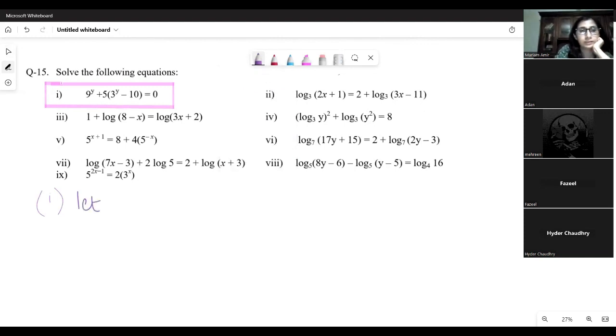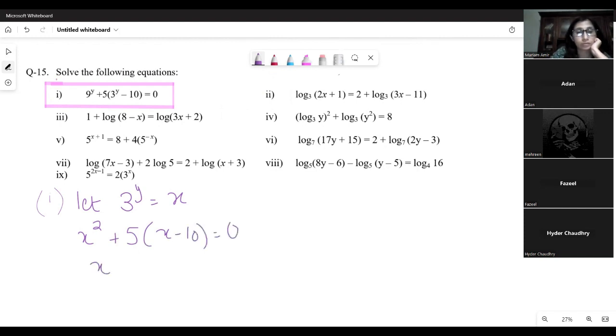let 3 power y equal x. Then 9 power y would be x square, like we just discussed. x square plus 5 times bracket x minus 10 equals 0.